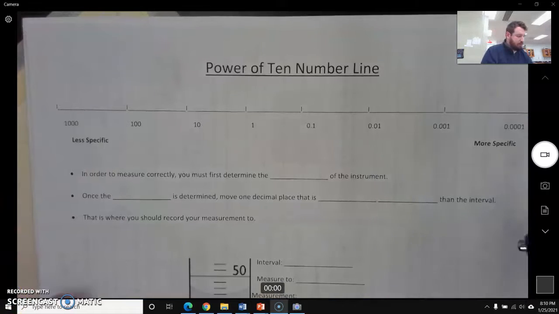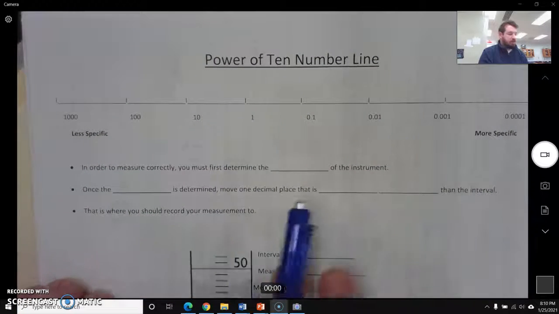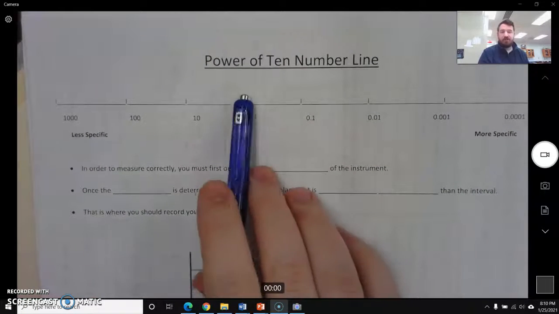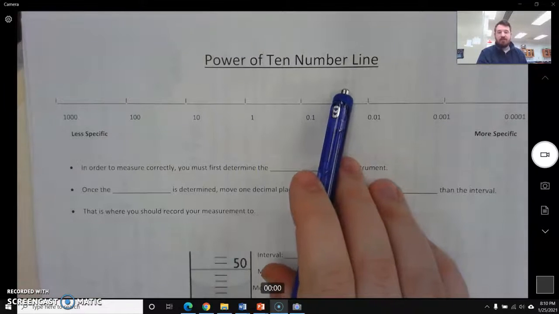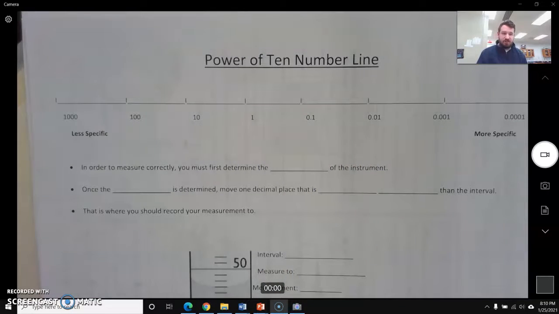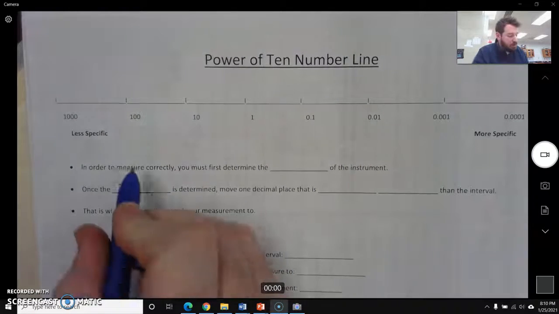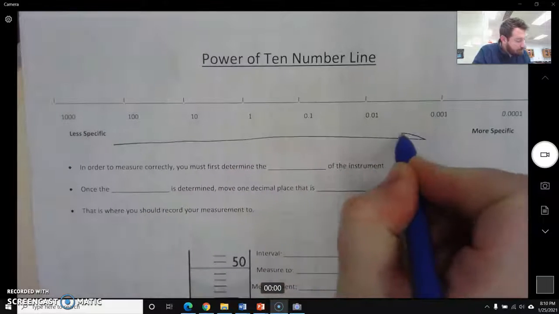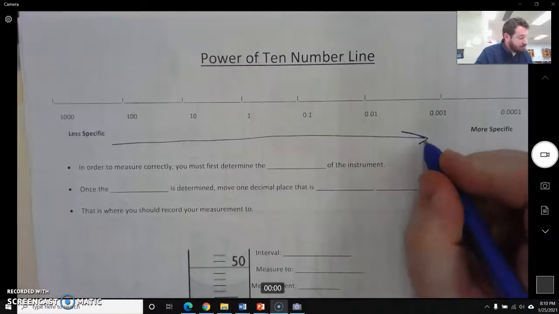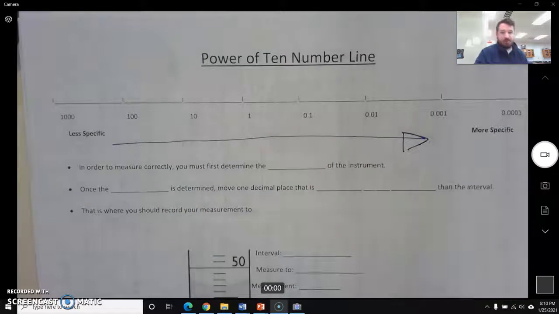Okay, so that is why B is our correct answer. All right, so let's turn the page, and you'll see it's flipped horizontally, but we have the power of 10 number line. So when I'm talking about getting more specific or lower, we're going in this direction. Let's make that arrow nice and pretty.